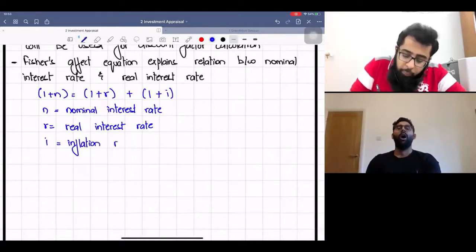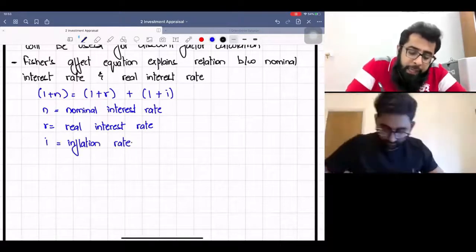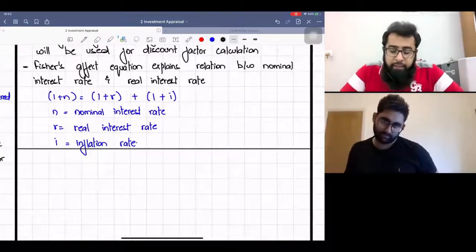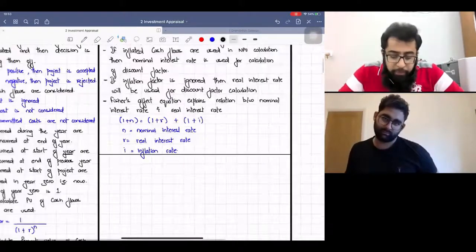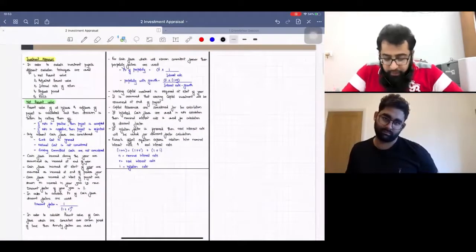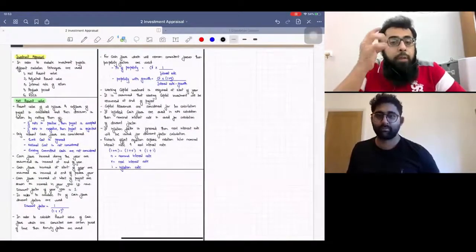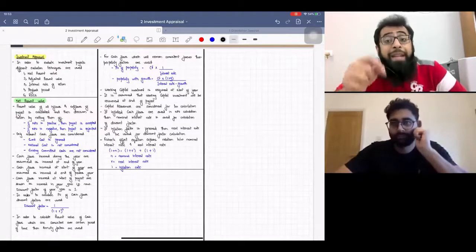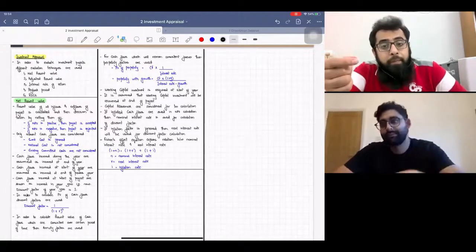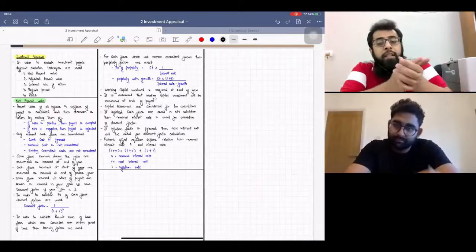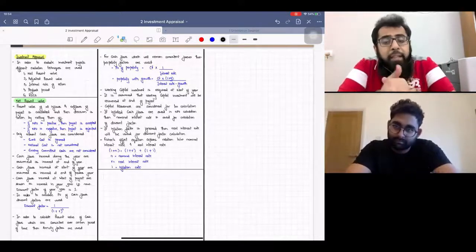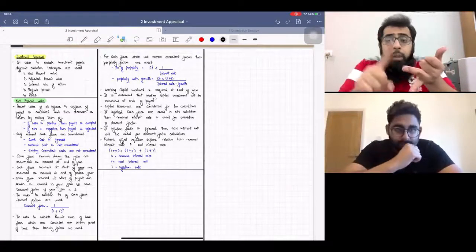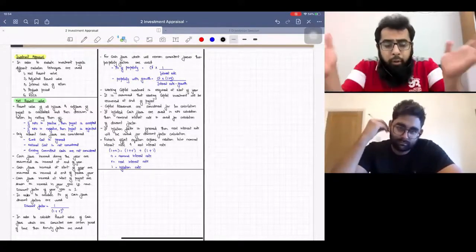So what I have done is written down some basic assumptions, or basic calculation perspective things, of net present value calculation, because these will be useful when you calculate NPV and also when you calculate adjusted present value. In investment appraisal, we discuss different techniques through which we evaluate projects: net present value, adjusted present value, IRR and so on.